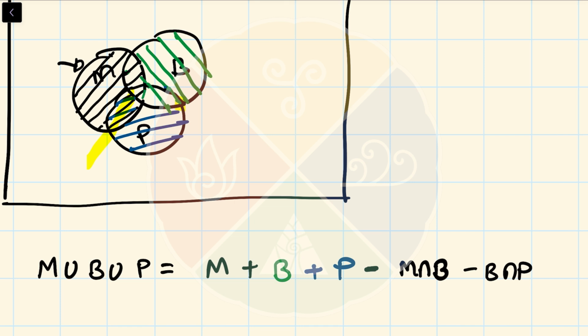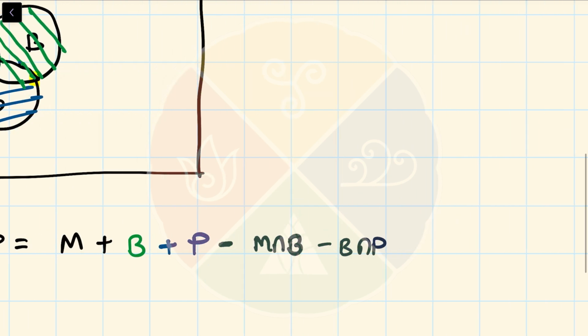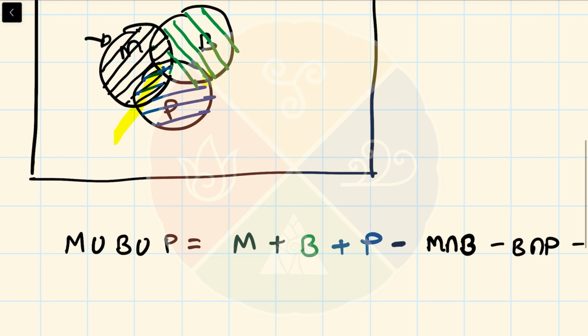Now if I subtract psychology intersection maths, one guy from this group will also go. Only one counting will happen.